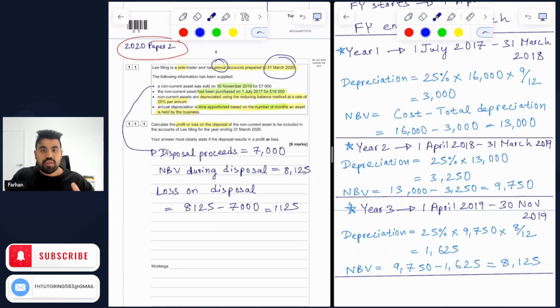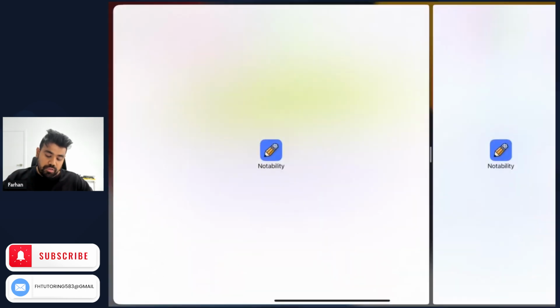And you can understand that we have sold the asset for £7,000, which is significantly less than the remaining net book value within the asset, which refers to the fact that we sold this asset for less than what it was worth, which is known in other words as a loss that we have made on disposal. And the amount of the loss can be calculated by simply finding the difference between the net book value and the disposal proceeds, which is the difference between 8,125 and £7,000, and that is £1,125 as the loss on disposal for this asset. Now let's move to the second part of the question.